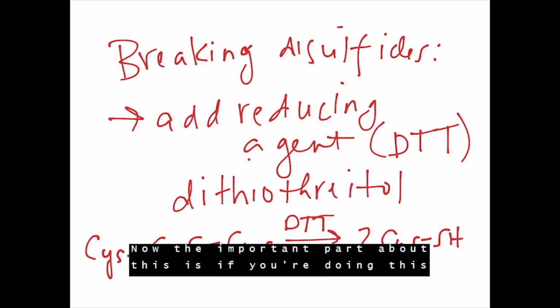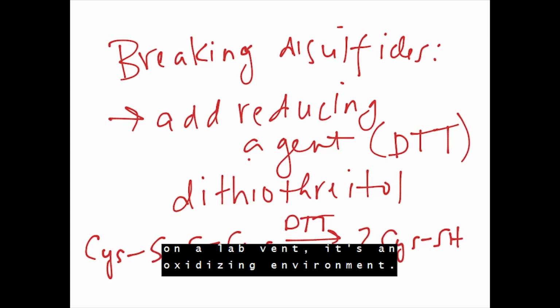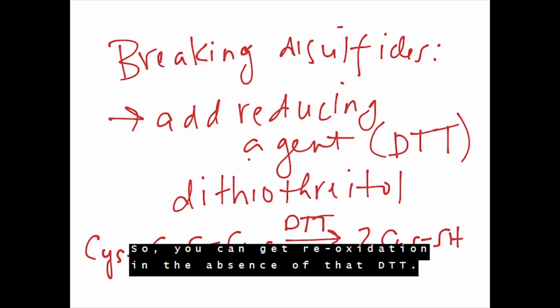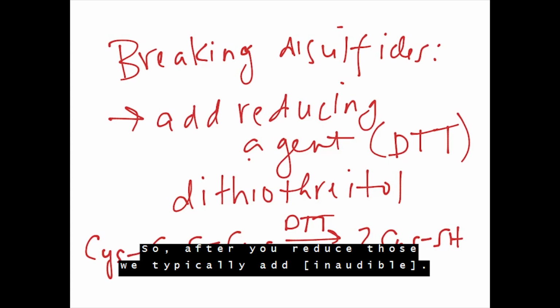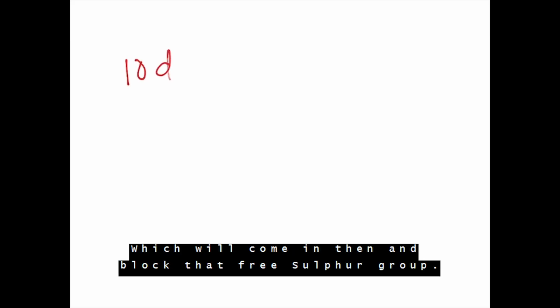Now the important part about this is if you're doing this on the lab bench, it's an oxidizing environment, so you can get reoxidation in the absence of that DTT. So after you reduce those, we typically add iodoacetate, which will come in then and block that free sulfur group.